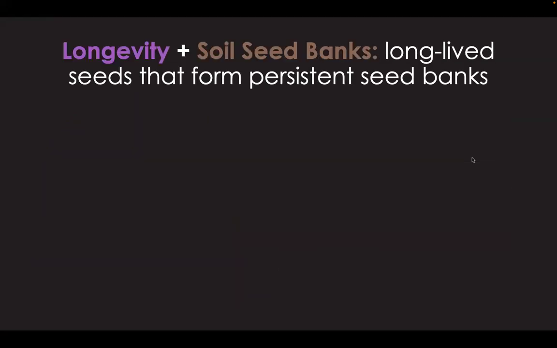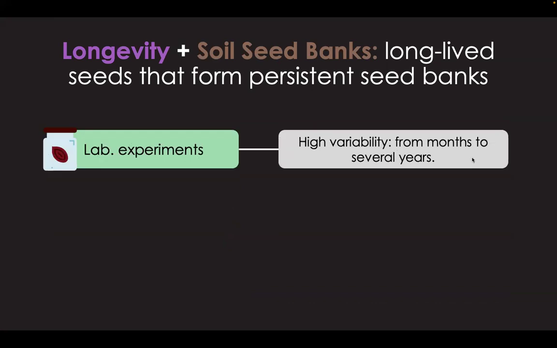If you remember from that graph regarding the different topics that we evaluated, longevity was one of the least studied topics in our review. And unfortunately, there were only 4 studies carried out regarding the longevity of these seeds, and we find a huge variability, from species that are able to persist in the lab for a couple of months to species that remain viable for several years.